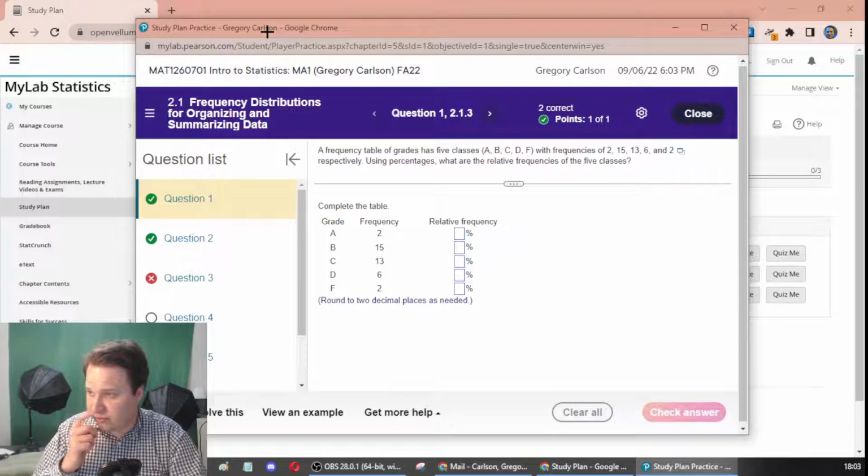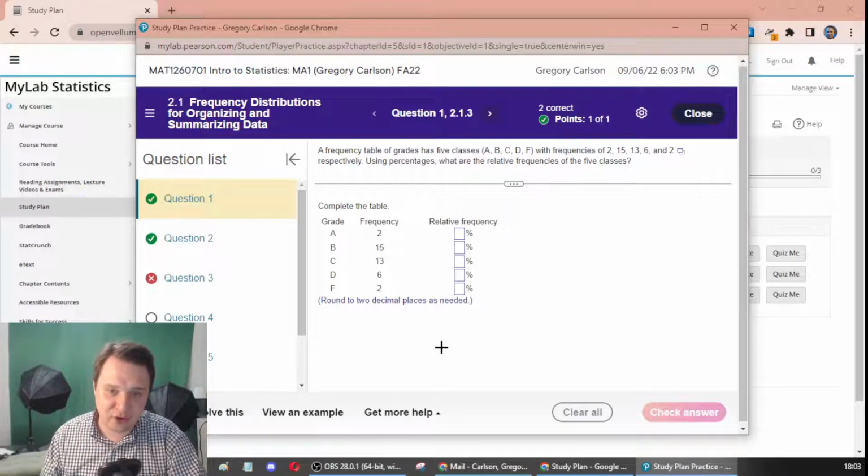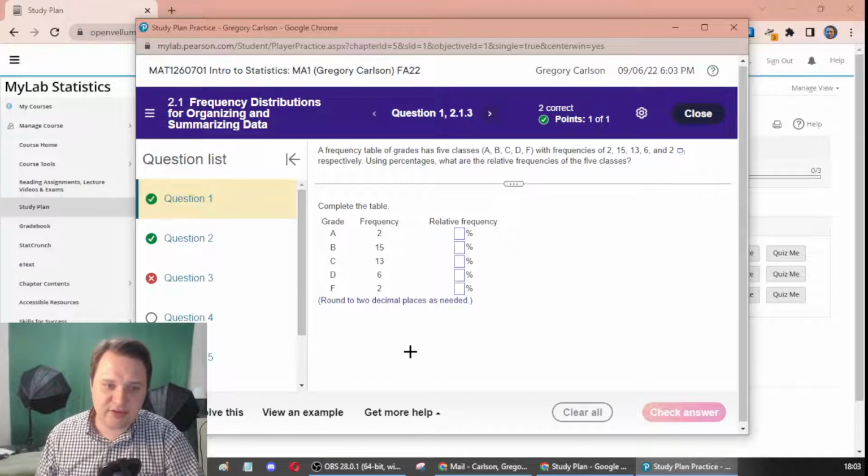In this first problem, they give us a frequency table and want us to put in the relative frequency. Remember, in statistics and probability, a lot of the time there's a piece of information that we're missing, and that is the total.